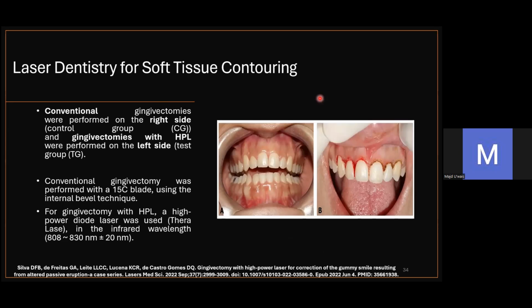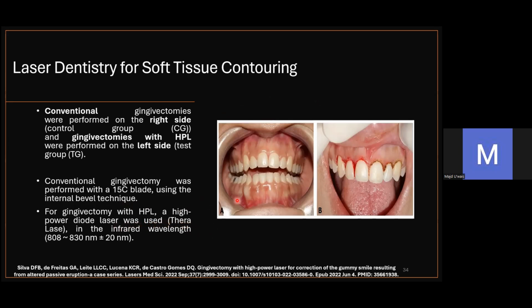So in this case series, they conducted a split mouth case control study in which they conducted a conventional gingivectomy on the right side and a laser gingivectomy on the left side. The conventional gingivectomy was performed with a 15C blade using the internal bevel technique, and the laser gingivectomy was conducted with a high-power diode laser.